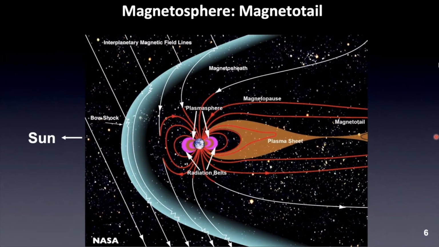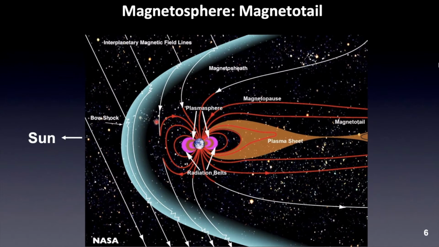Here is a scheme of the Earth's magnetosphere in more detail. Here's the sun, the solar wind flowing this way, and this is the Earth's magnetosphere. Like we said, the magnetosphere is formed by the interaction between the solar wind and the Earth's magnetic field.